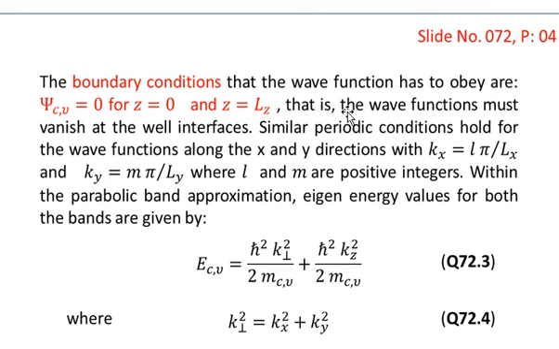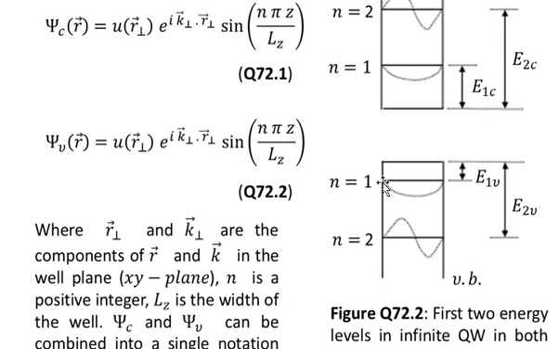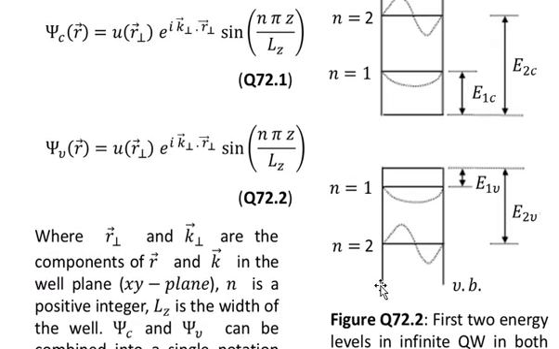The boundary conditions that the wave has to obey are that the wave function, the Bloch wave function, is 0 for z is equal to 0, and also for z is equal to Lz. The left wall of the well is located at z is equal to 0, and the right wall of the well is located at z is equal to capital Lz, because the width of each well is Lz.